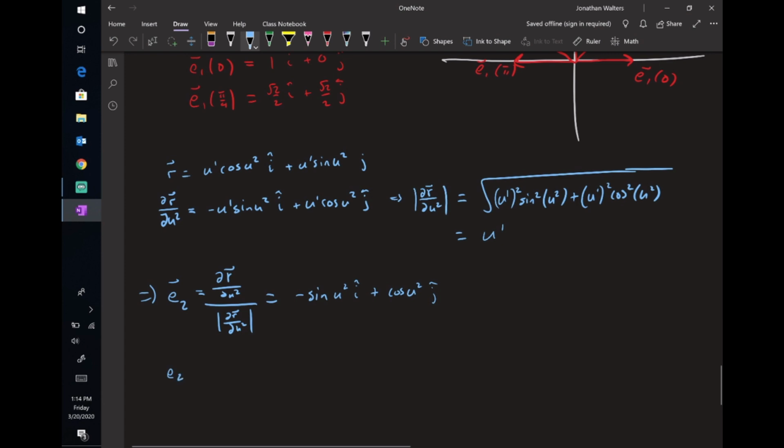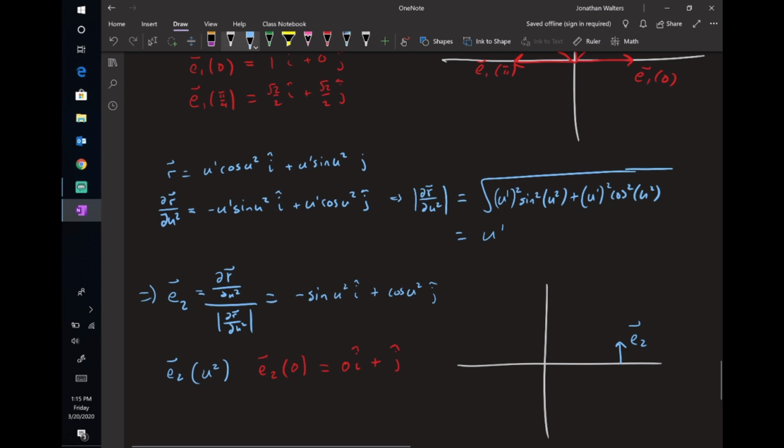So E2 is also a function of U2. So let's plot different values of U2. E2 of 0 is equal to 0 i plus j hat. So if we plot the E2 unit vector at theta equals 0, it points up, so that's E2 at theta equals 0.